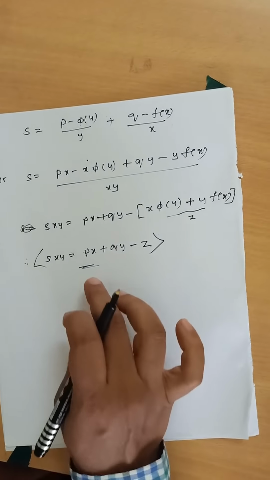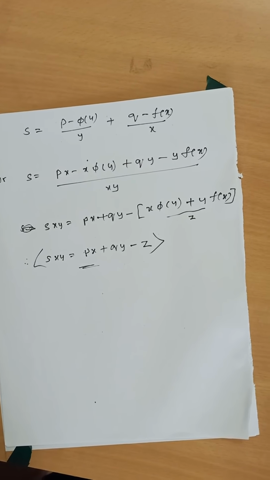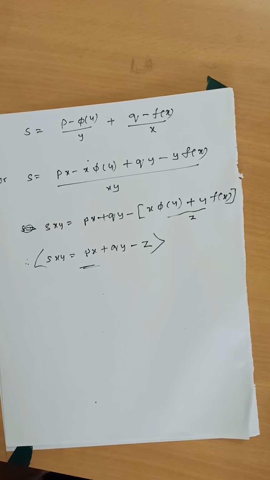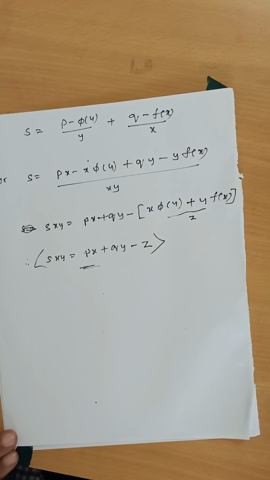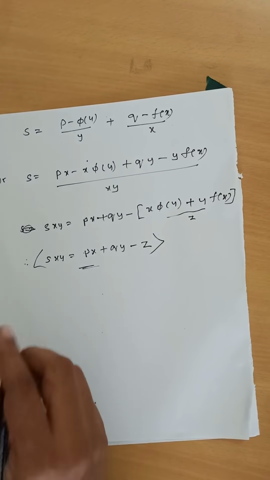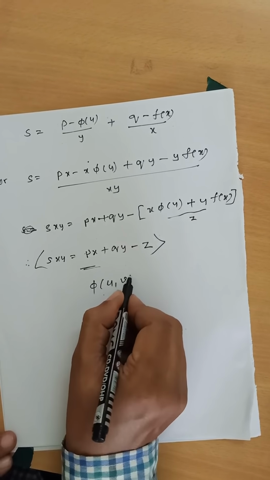So up to this stage we formed the partial differential equation by eliminating arbitrary constants like a and b, c, etc. And we also discussed the formation of PDE by eliminating arbitrary functions like f of y, g of, φ of, like that.